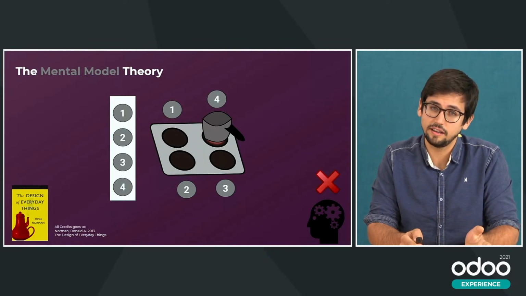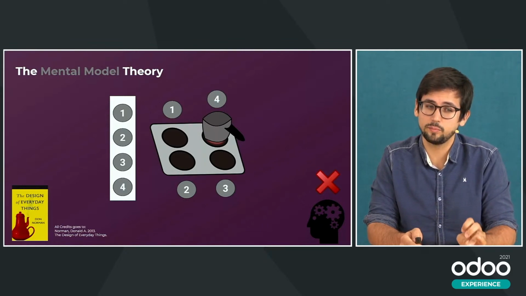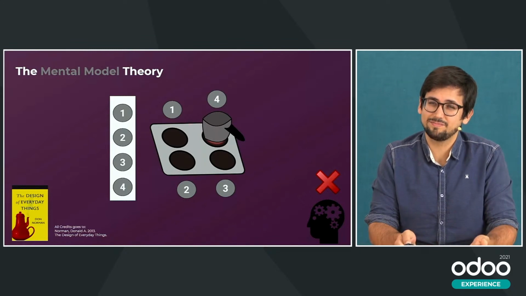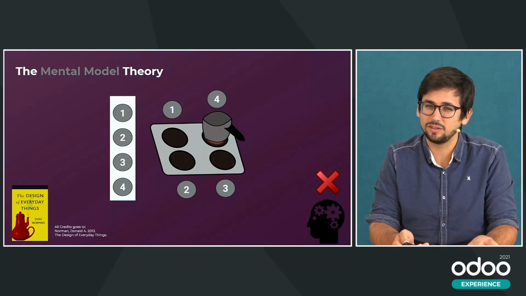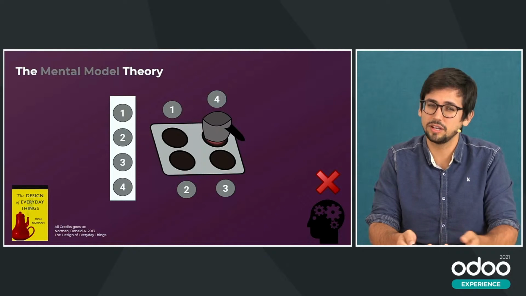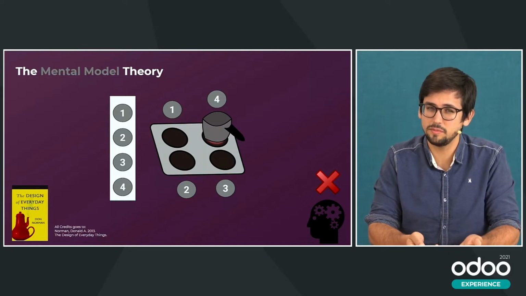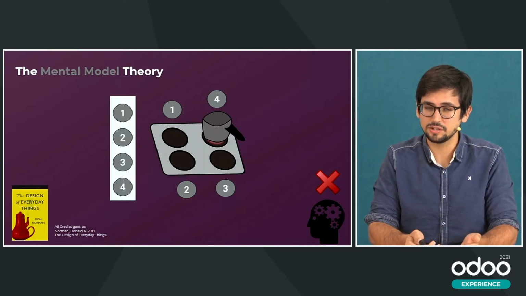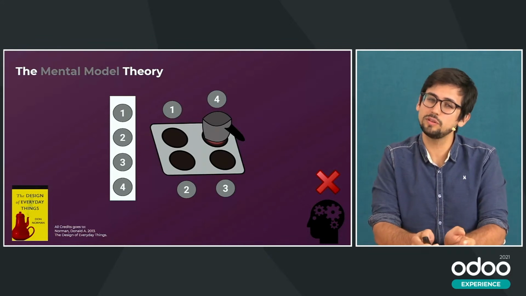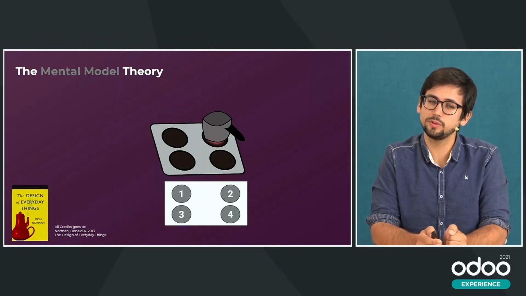Well, chances are, if you only had one chance to push one knob, there's no way you can get it right. You can just try it at random, but that's it. So instead, what if we do a small design change and we just put the knobs like this?